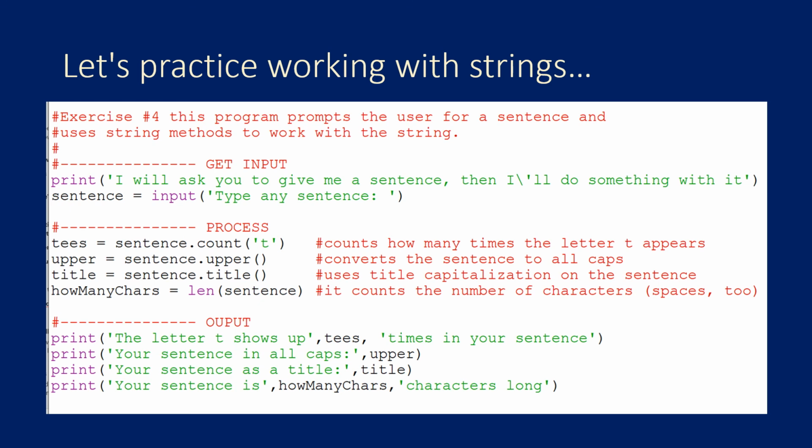Print your sentence as a title, comma, title. So we're going to see the sentence in title capitalization, so each new word is capitalized. And finally, print your sentence's how many characters long. So it's going to tell the count of characters.